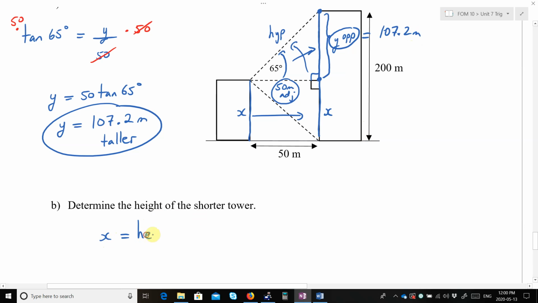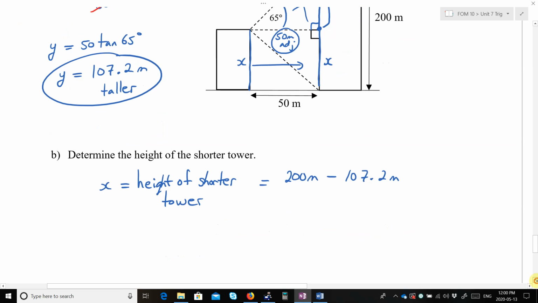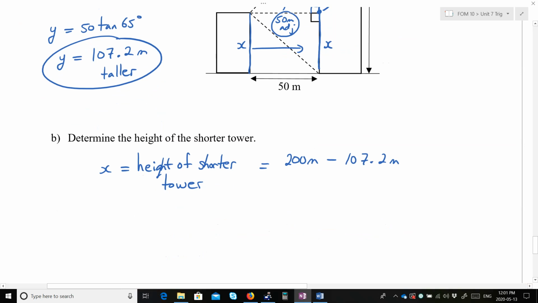X is equal to height of shorter tower, which is equal to 200 meters minus 107.2 meters, which is equal to 92.8 meters.